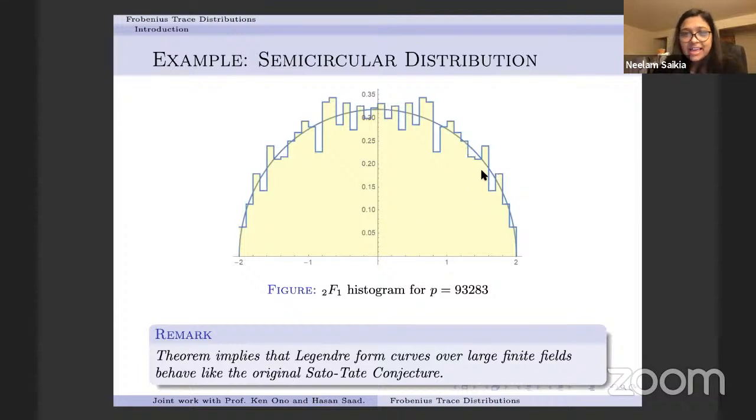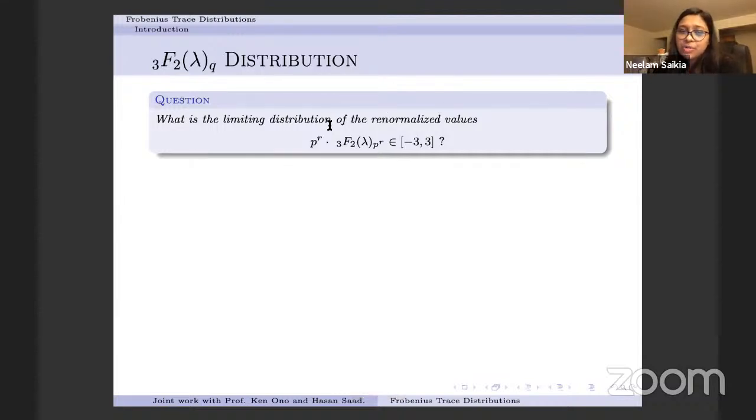And for the 3F2 hypergeometric function, if we renormalize this function, then all these values lie in the interval -3 to 3. In our second problem, we would like to study the limiting distribution for this hypergeometric function.